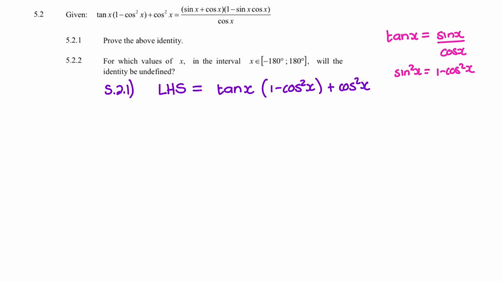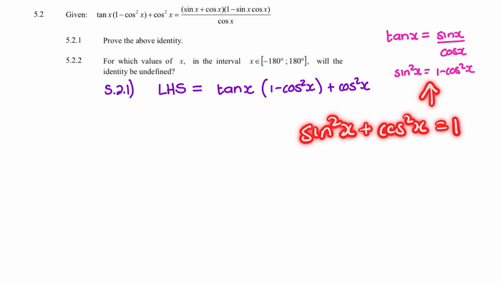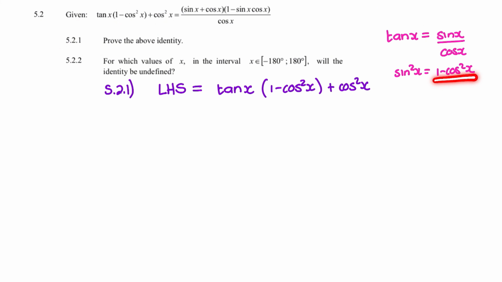And that comes from sin squared plus cos squared equal to 1. So if I move the cosine to the right-hand side, I have sin squared is equal to 1 minus cos squared x. So in my very first step, I'll rewrite tan as sin x over cos x.